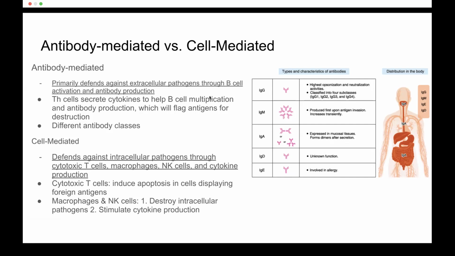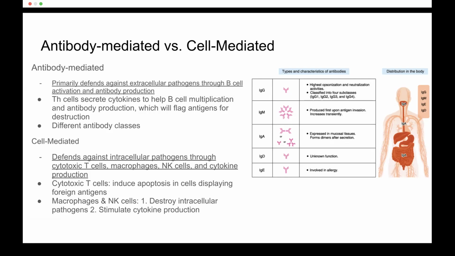So for antibody mediated, helper T cells secrete cytokines to help B cells multiply and produce antibodies, which, once they bind to antigens, will recruit phagocytes to eat the antigens and whatever they're flagged.